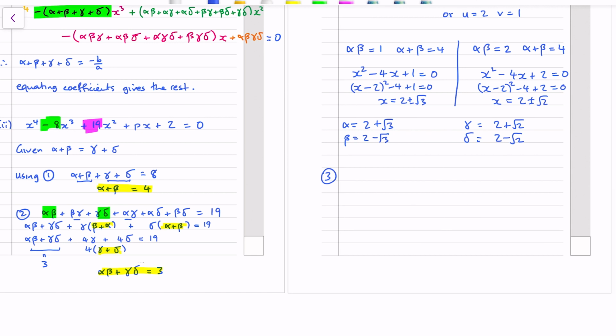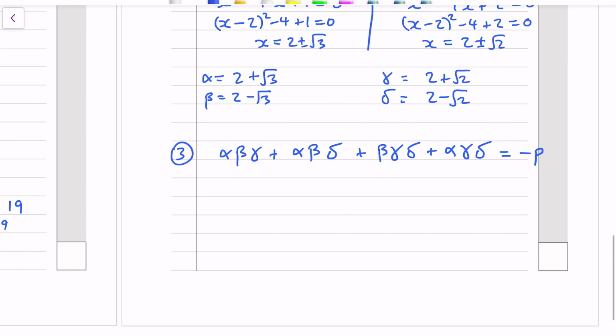So triple products, alpha beta gamma plus alpha beta delta plus beta gamma delta plus alpha gamma delta equals minus p.